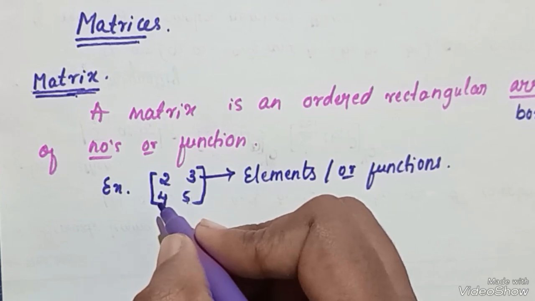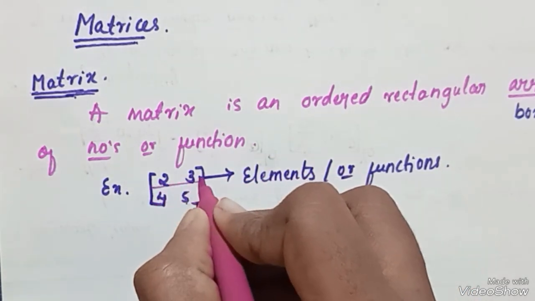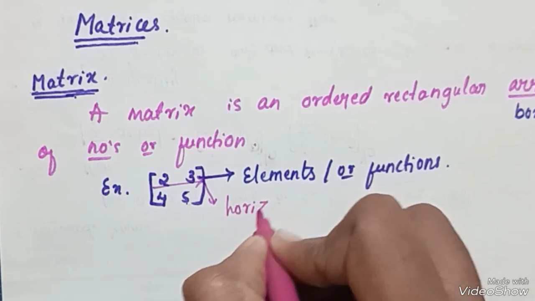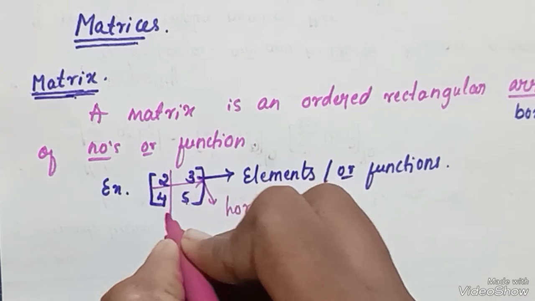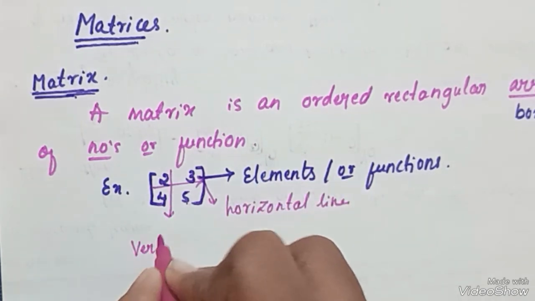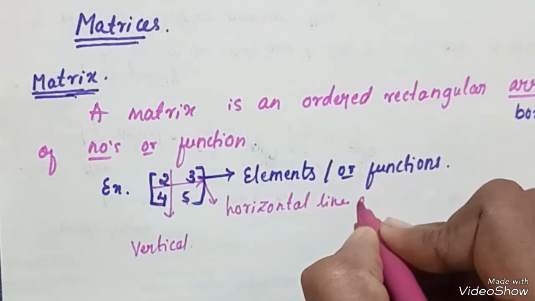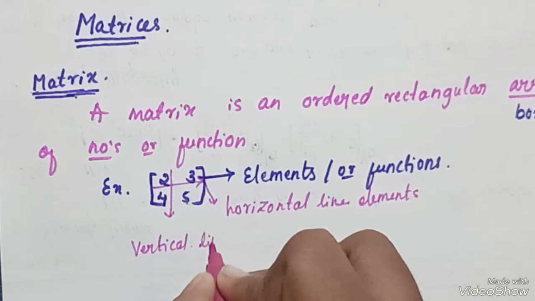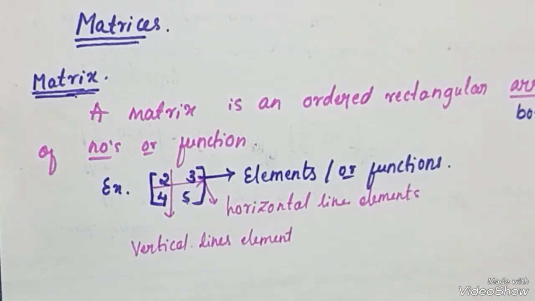The horizontal line of elements is a row, and the vertical line of elements is a column.